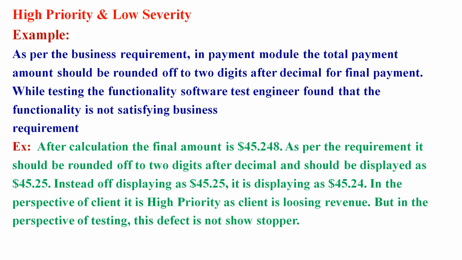Even though the defect is present here, he will be able to do testing. Here, this defect is not a showstopper. It is not stopping the further testing. This is in the perspective of testing. So for this defect, the concerned software test engineer has assigned low severity.